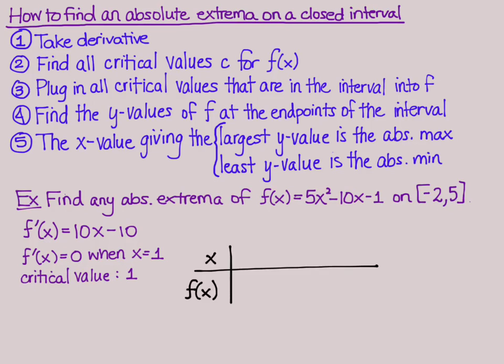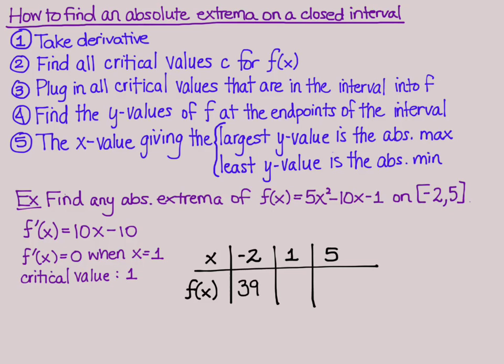Now we create a t-table. We're going to compare the critical values and the endpoints to their y values. We have 3 values that we're testing: -2 and 5, those are our 2 endpoints, and our critical value 1.